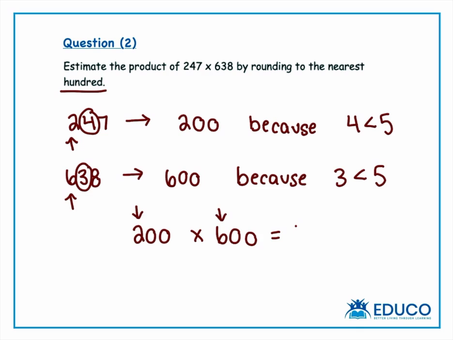I know that 2 times 6 is 12. Now all I have to do is add my number of zeros that are in my 2 numbers here. So 200 has 2 zeros, 600 also has 2 zeros, so I'm going to add 4 zeros, and I know that our number is approximately going to be 120,000.